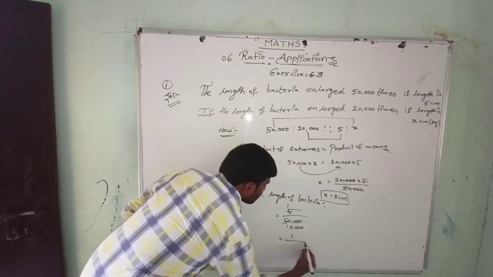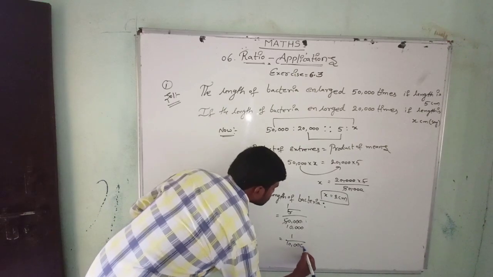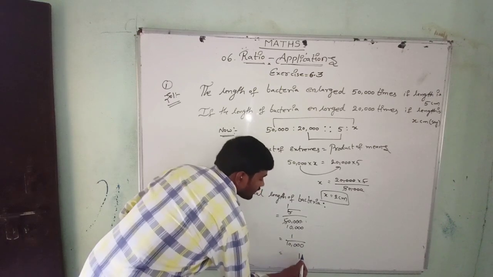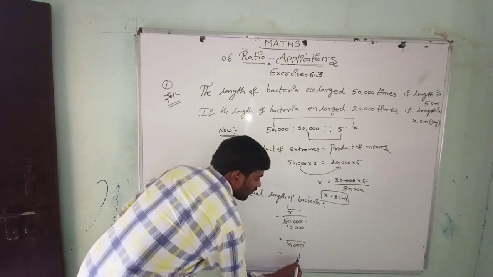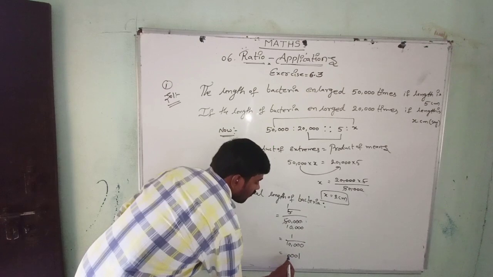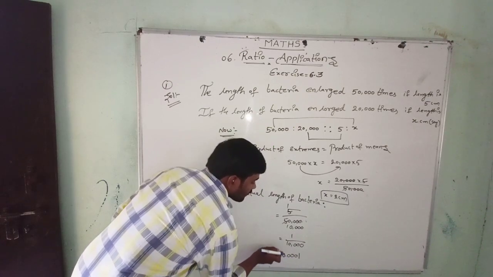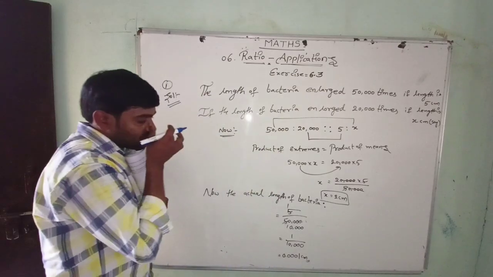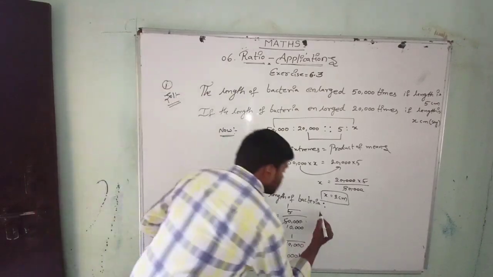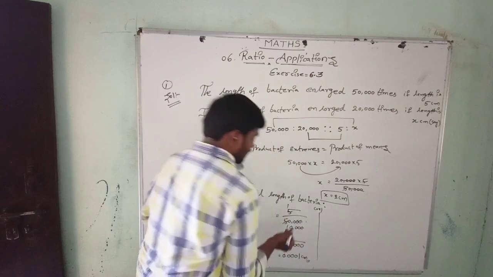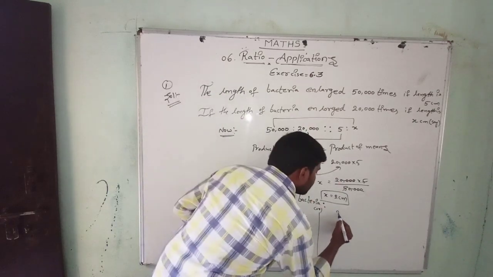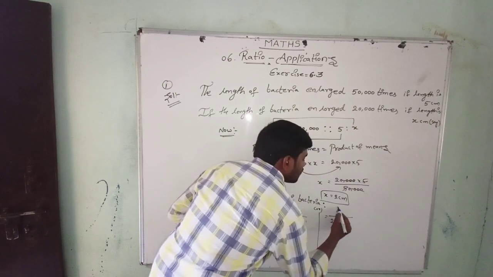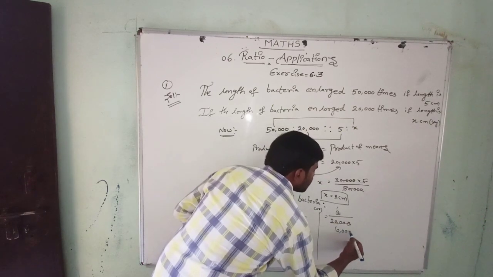1 by 10,000 is nothing but we write 1 here. How many zeros? 1, 2, 3, 4. So it is 0.0001 centimeters. That will be the length of bacteria. Or else you can also write 2 by 20,000, and you get the same. 2 ones are 2, 10,000.